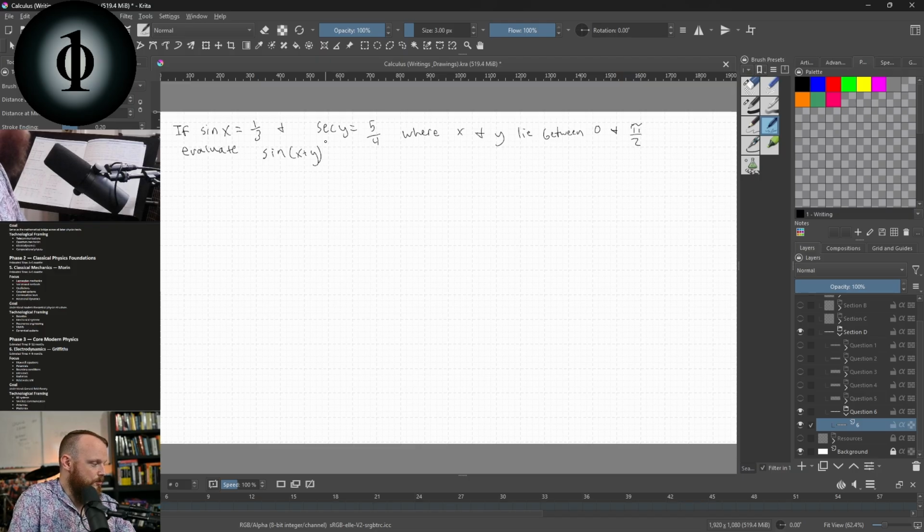Addition and subtraction formulas: sine of x plus y is equal to sine of x times cosine of y plus cosine of x times sine of y. I don't know if that's going to help me here. I think I'm just going to have to use my fundamental identities.